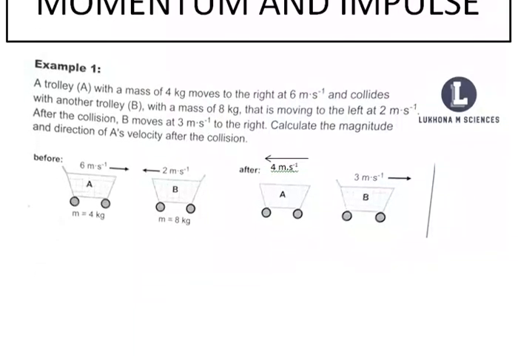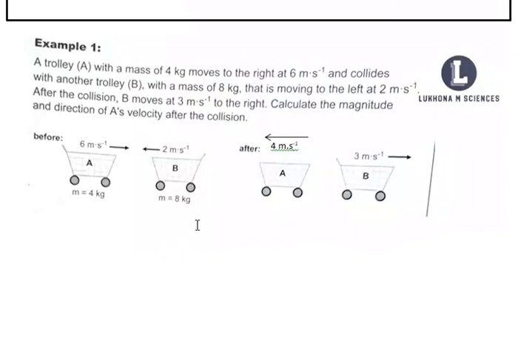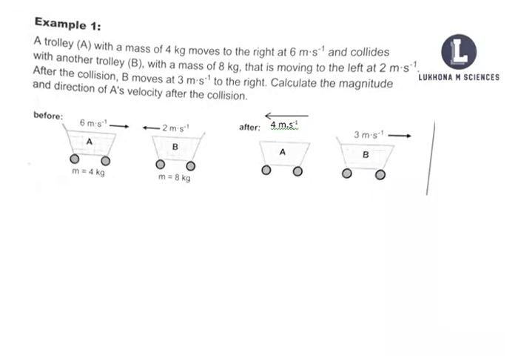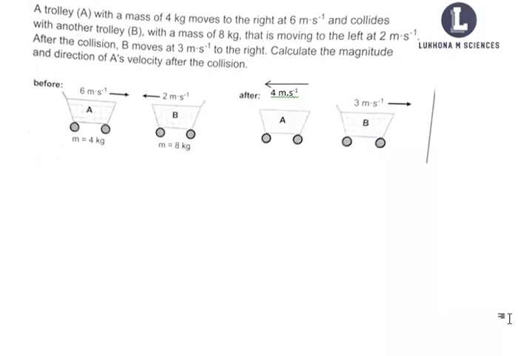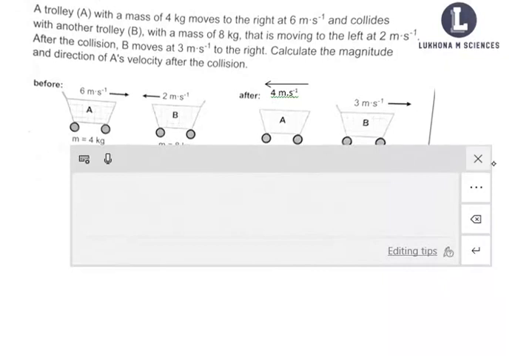Remember, for inelastic, the sum of the kinetic energy before collision is not equal to the sum of the kinetic energy after collision. For elastic, the sum of kinetic energy before collision is equal to the sum of the kinetic energy after the collision, right?